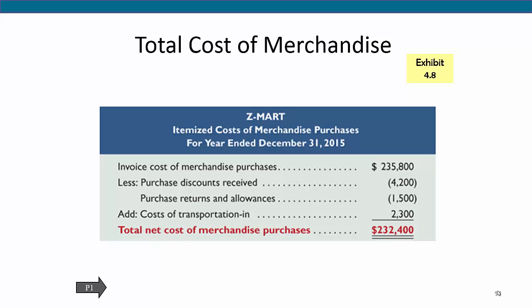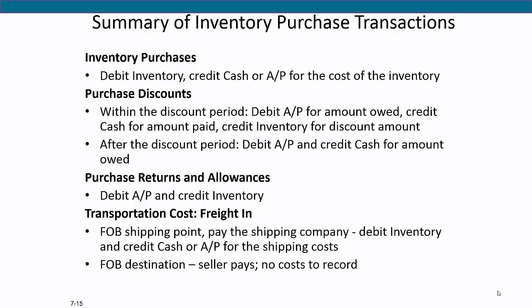And finally, transportation in is debited or added to merchandise inventory. I provided a slide about the summary of inventory purchase transactions that we covered here for you. They talk about purchases, discounts, returns and allowances, and freight in. It's for your reference only. You can find this information in the book as well.